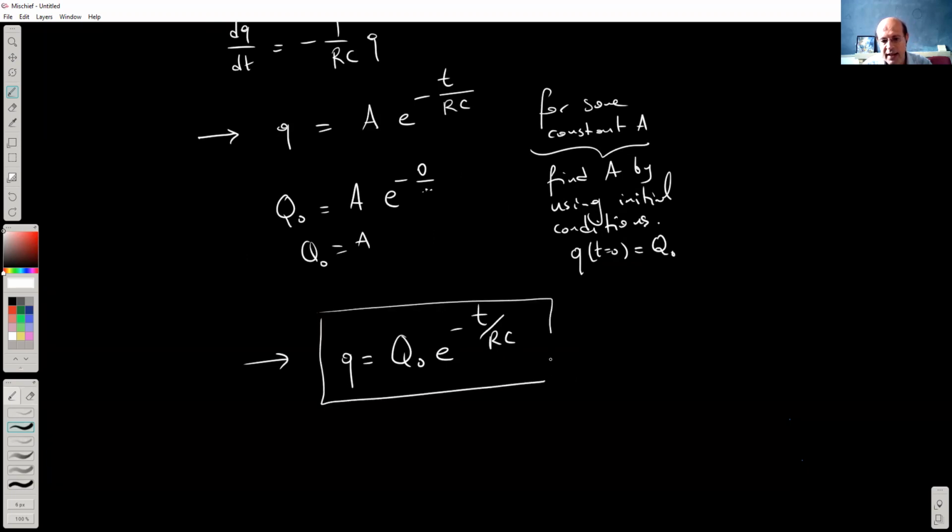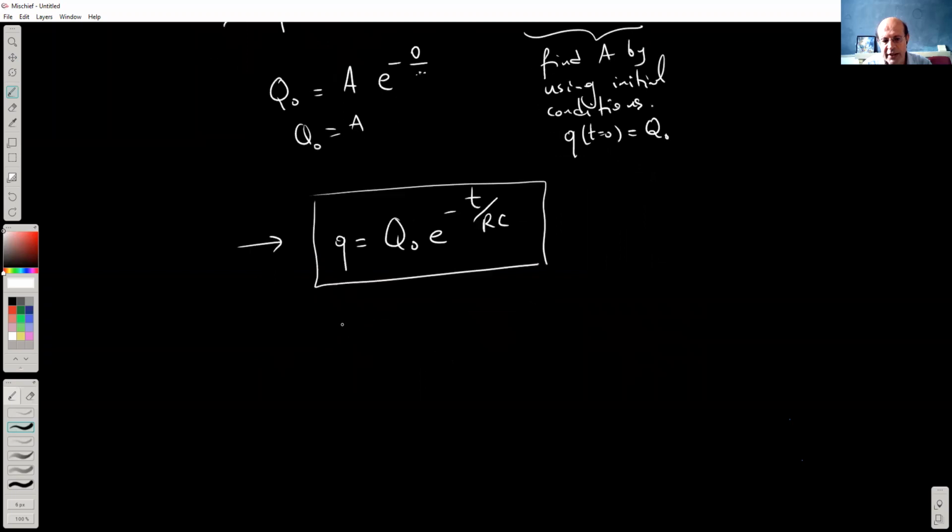And you find the current to be equal to the negative of the time derivative of this. The negative sign is important again, so that's Q0 divided by RC times e to the minus t over RC.